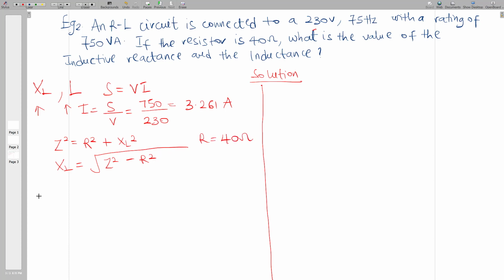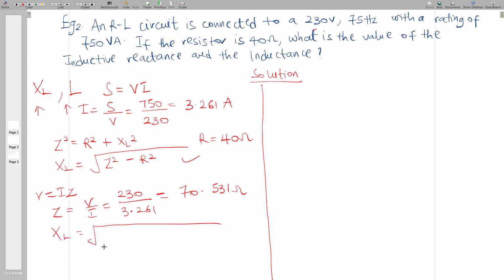But we are not given Z. But we know that Z is equal to voltage over current. So Z will be equal to voltage over the current that we found. We know V already, 230 over the current that we found, that is 3.261. And this should give us 70.531 ohm.